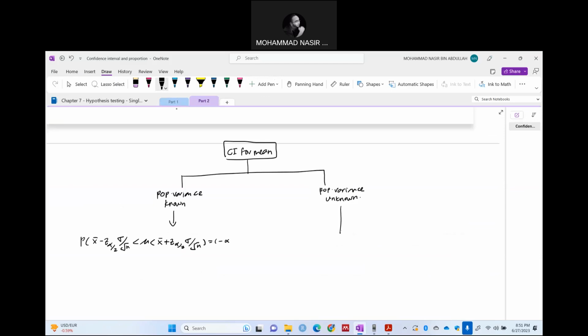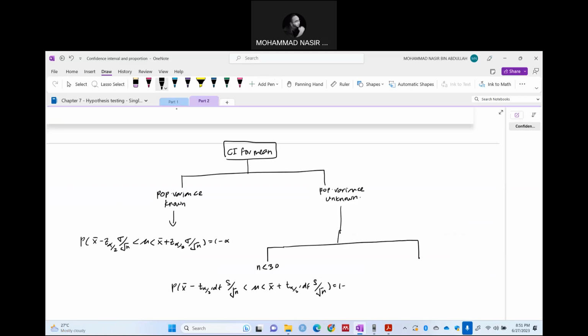Right. So when the population variance is unknown, when n is less than 30, right? So we will use probability of x bar minus t alpha divided by 2 degree of freedom s over square root of n, less than mu, less than x bar plus t alpha divided by 2 degree of freedom s over square root of n.